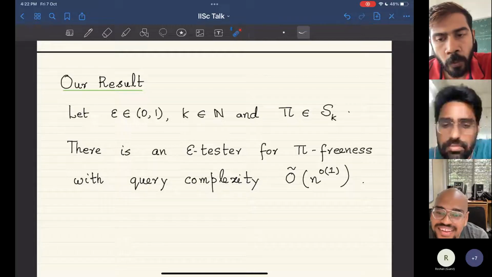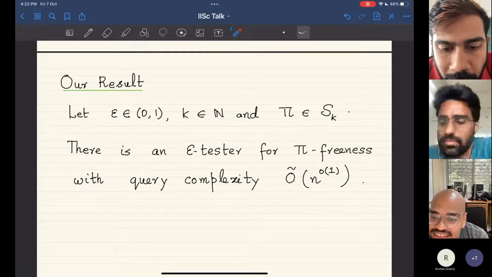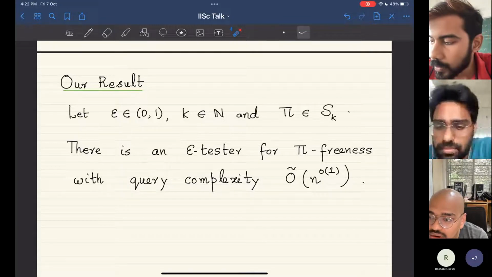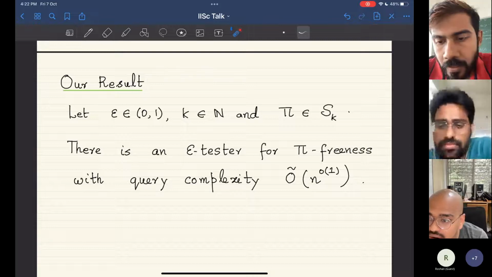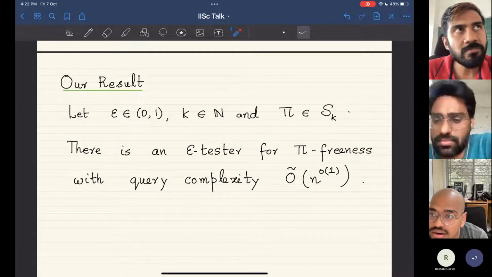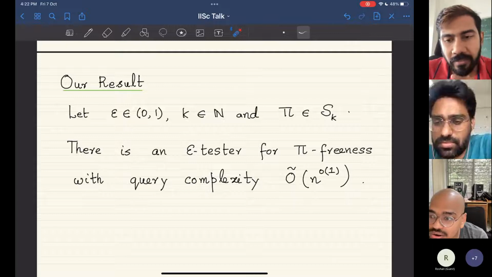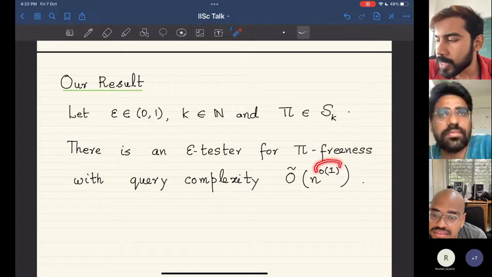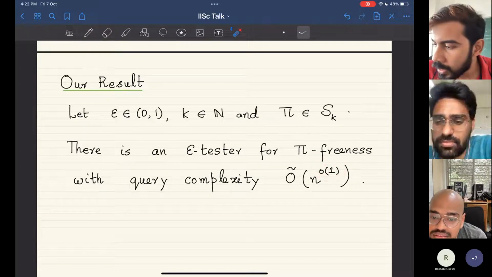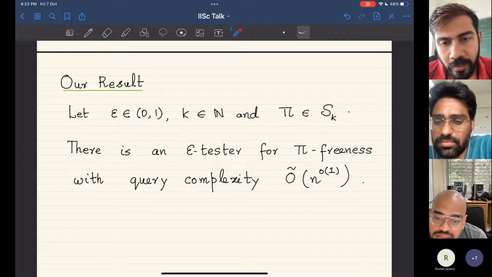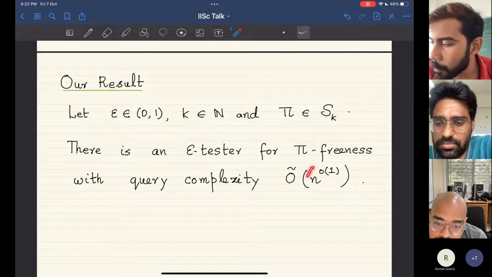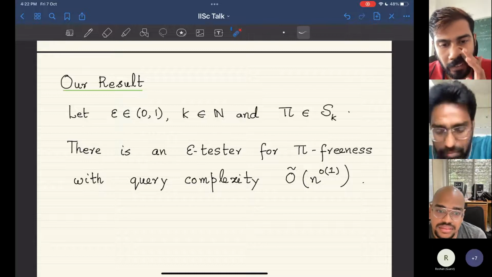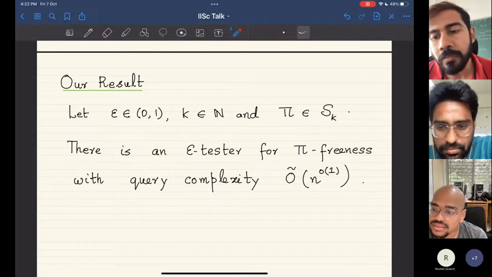Is the constant exact, like, is there some small value in the o of 1? So this is 1 over log n. Oh, okay. We didn't optimize for this exponent, neither did we optimize for the constants here. There is a terrible dependence on k sitting inside, but k is constant, and this was not our aim.